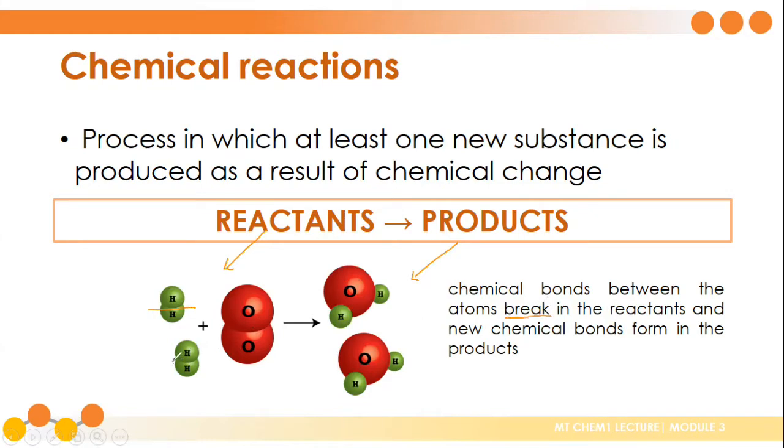So bonds in the reactants break, and then new chemical bonds form in the product. So upon undergoing a chemical reaction, bonds break, atoms rearrange themselves, and they form new chemical bonds, just like this bond between oxygen and hydrogen to produce a water molecule.